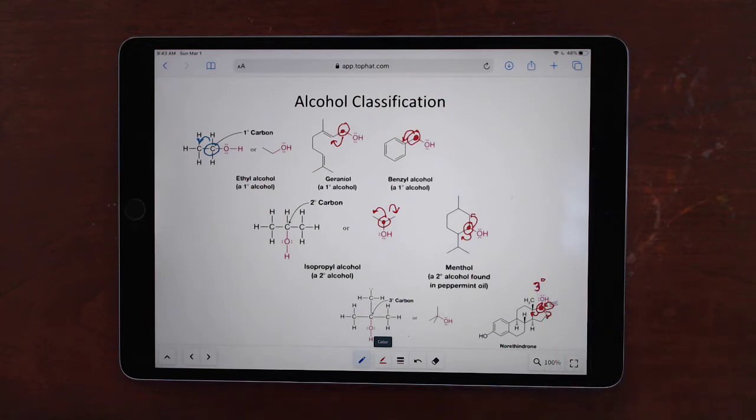Now the reason why we're talking about these tertiary alcohols, tertiary halides, primary, whatever, is because they do actually have different reactivities. How they react is going to be different. It's going to be important down the road, and so we need to know whether the alcohol or the halide is a primary, secondary, tertiary to understand how they're going to be able to react.